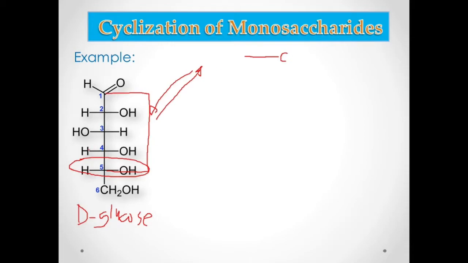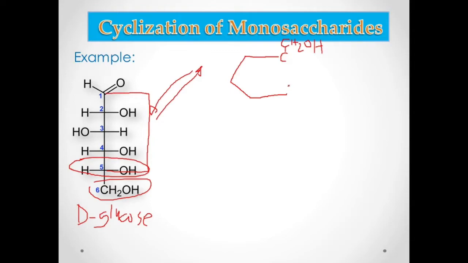Attached to your carbon number 5 is carbon number 6, which contains the CH2OH. Then this is carbon number 5, then number 4, number 3, number 2, and the last one is carbon number 1.